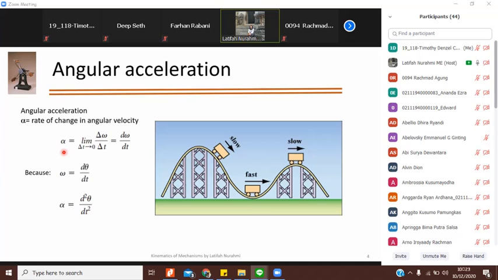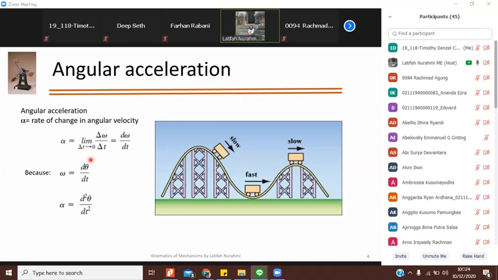Then we also have angular acceleration. We define it as alpha. You can define it as theta double dot. Okay, so alpha here, angular acceleration, is defined as a time derivative of angular velocity.